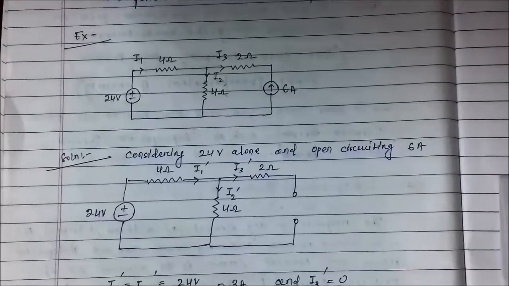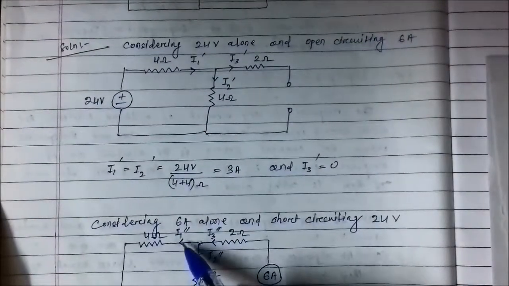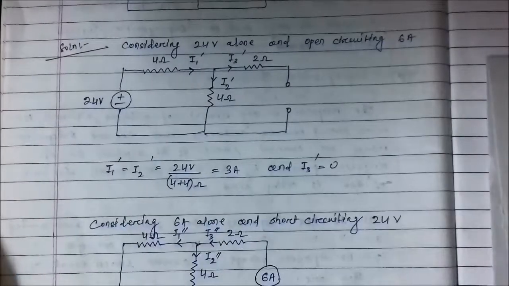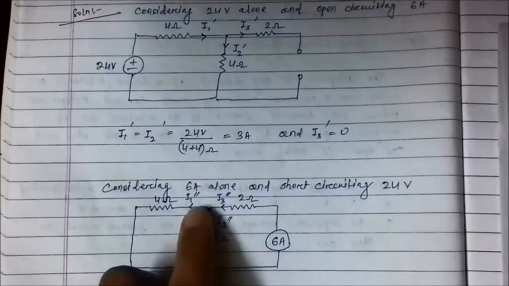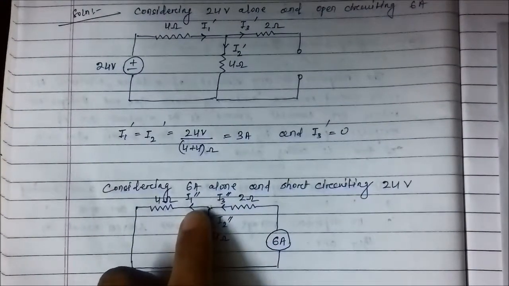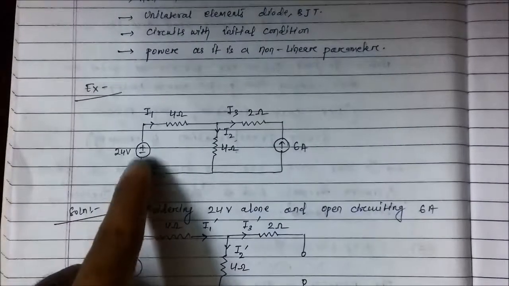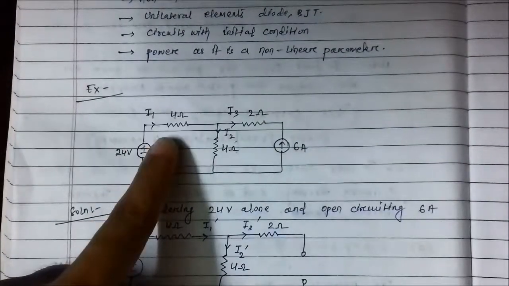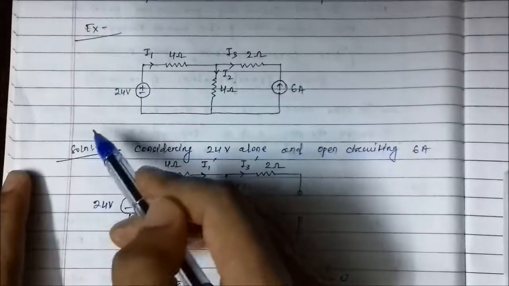When the direction of the current is opposite to the reference diagram, see here, I1 double dash is opposite to I1, so I1 double dash will carry a negative sign as it is opposite to the original convention. This is the reference diagram. Here I1 double dash is flowing in this direction, but I1 is flowing in this direction.